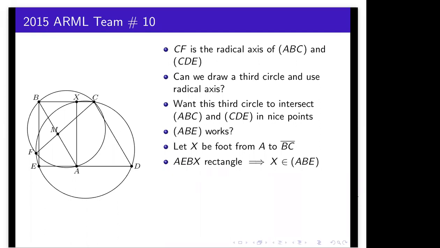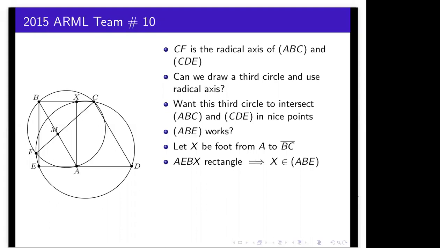Now we need to show that X is on the circumcircle of CDE. To do that, we see that CX is parallel to DE, which means that CXED is a trapezoid. A trapezoid is cyclic if and only if it's isosceles. So it's enough to show that it's isosceles, which will directly imply that it's cyclic.